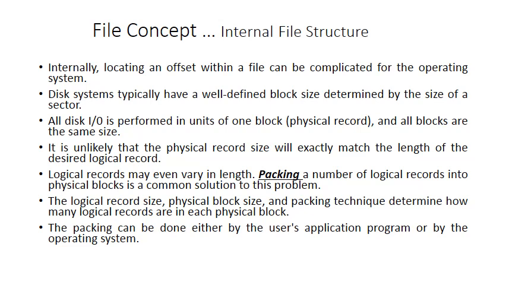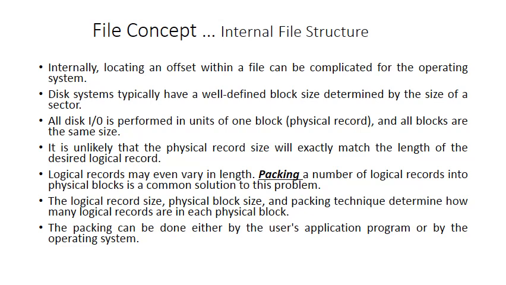Last topic in file concept is the internal file structure. Internally, locating an offset within a file can be complicated for the operating system. That is, where is that particular offset? Disk systems typically have a well-defined block size determined by the size of a sector.